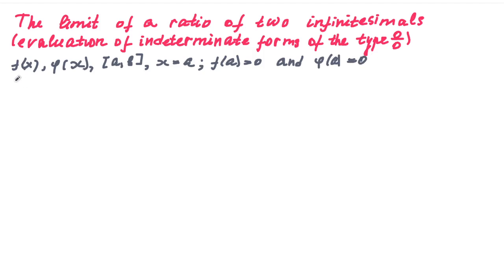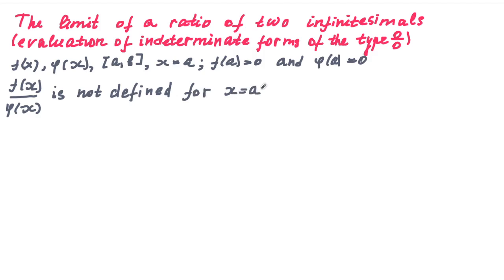The ratio f of x over phi of x is not defined for x equals a, but has a very definite meaning for the values x not equal to a.